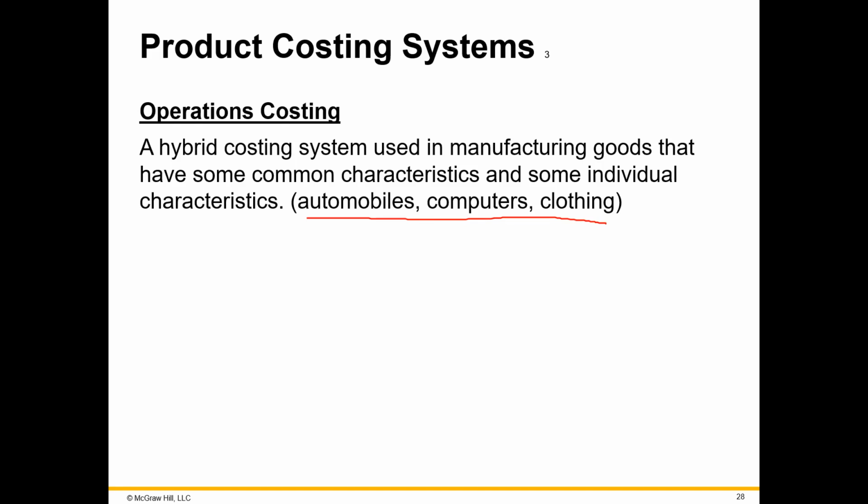Those types of items are generally produced on an assembly line, and multiple of the same product or duplicates of the product are made. But at the same time, an automobile can have customization, and so that's more akin to the job costing process. And so in a business like that, you might track some costs using process costing and then other costs using job costing.